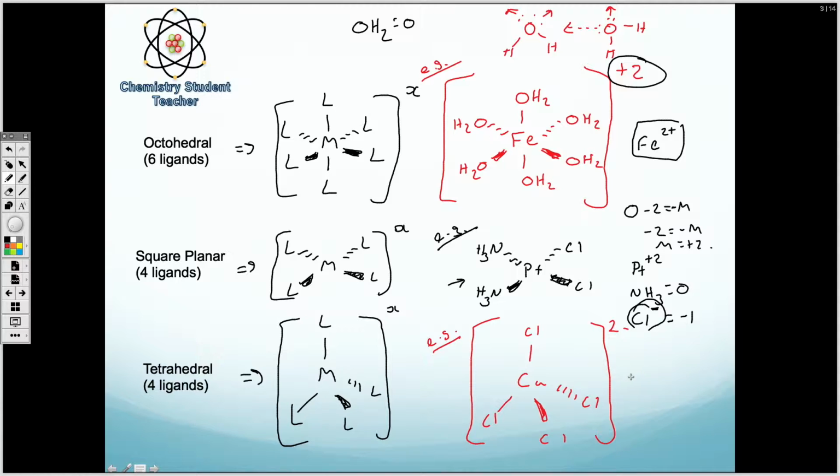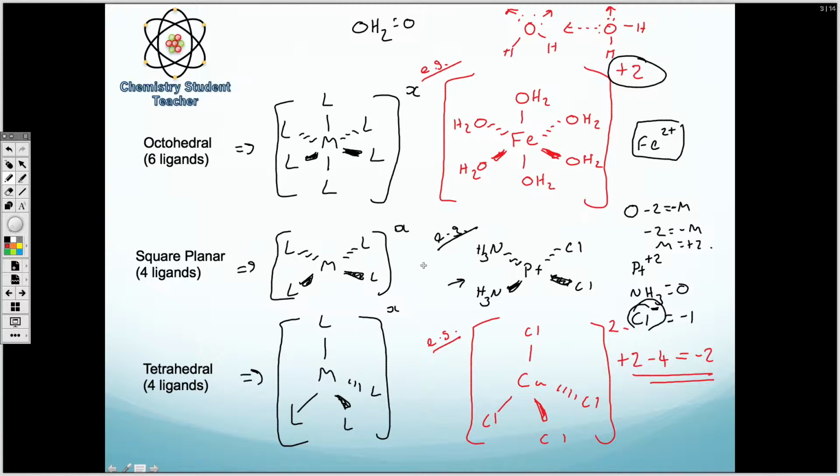Once again, we've got copper 2+ and 1 minus on each chlorido, so we have a +2 on the copper. 4 times -1 is -4, to then give -2. It would then give a -2 overall.